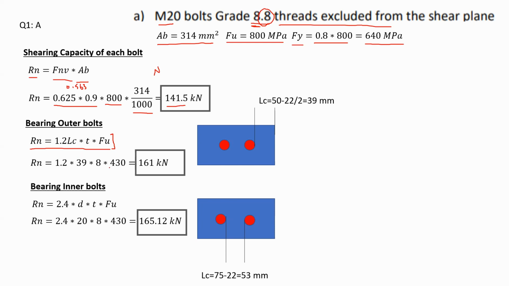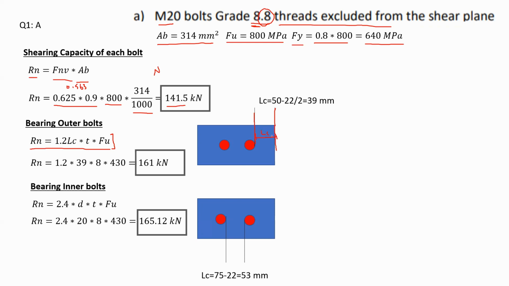If we consider the outer bolts, the clear distance here, from the outer edge of the bolt hole to the edge of the plate, is called the clear distance.